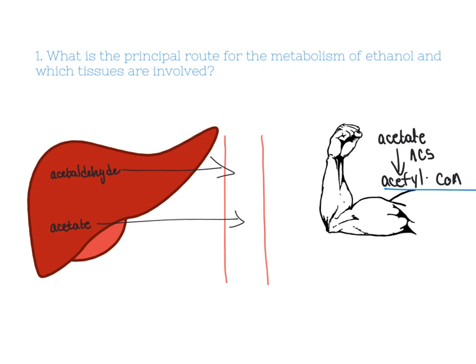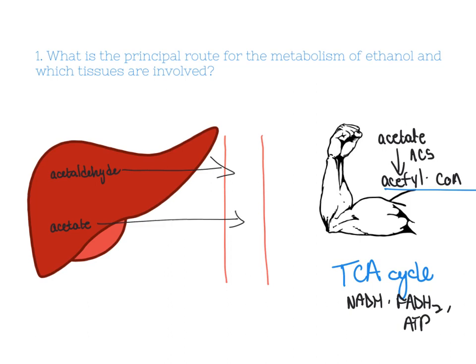There's multiple right answers, but the one that I was looking for, the TCA cycle. As you may already know from biochemistry, the TCA cycle produces NADH, FADH, and ATP.